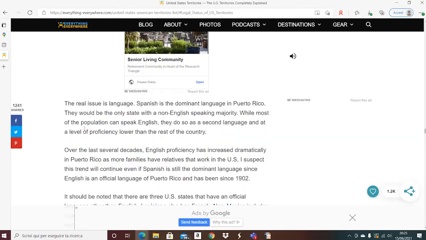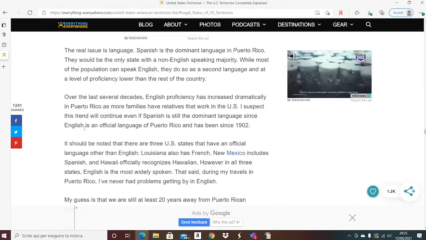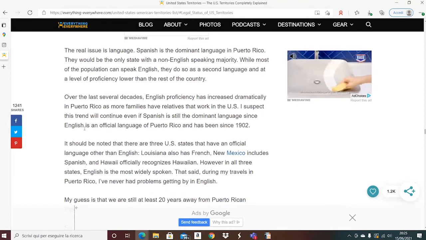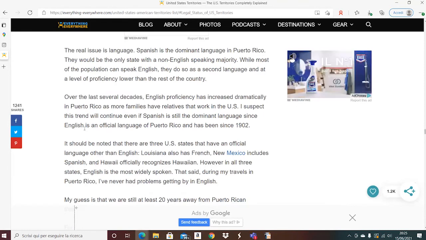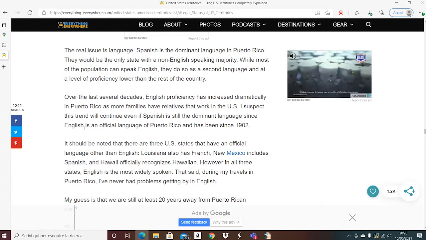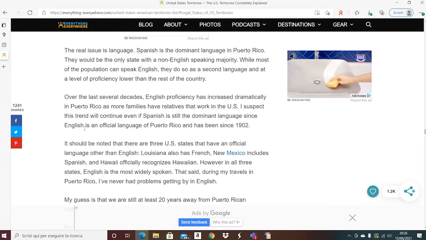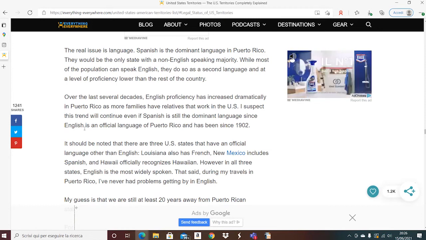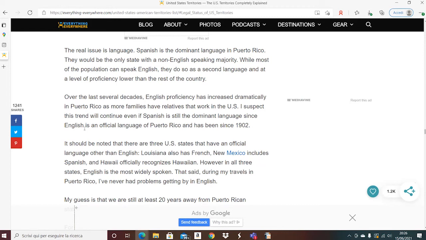Over the last several decades, English proficiency has increased dramatically in PR as more families have relatives that work in the US. I suspect this trend will continue even if Spanish is still the dominant language, since English is an official language of PR and has been since 1902.